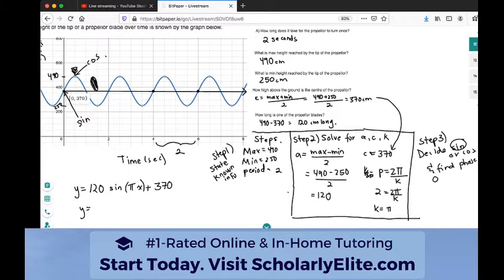See if you can solve it if it was a cos function, then we'll go over that. Okay, guys, give me about another 30 seconds there.